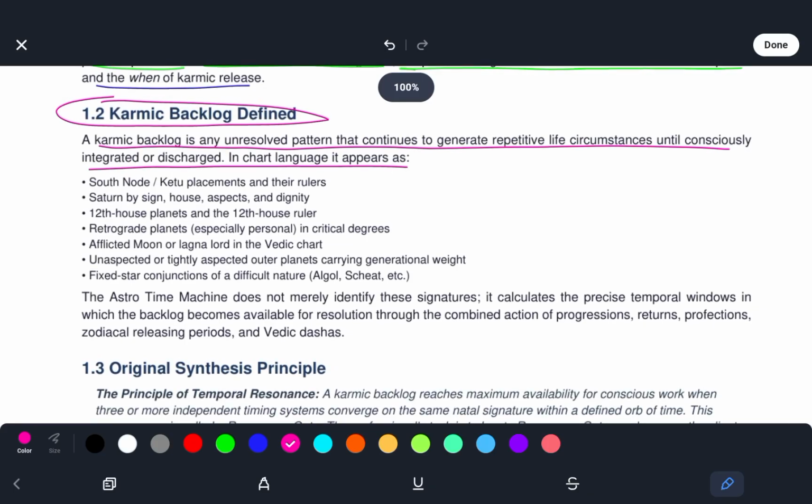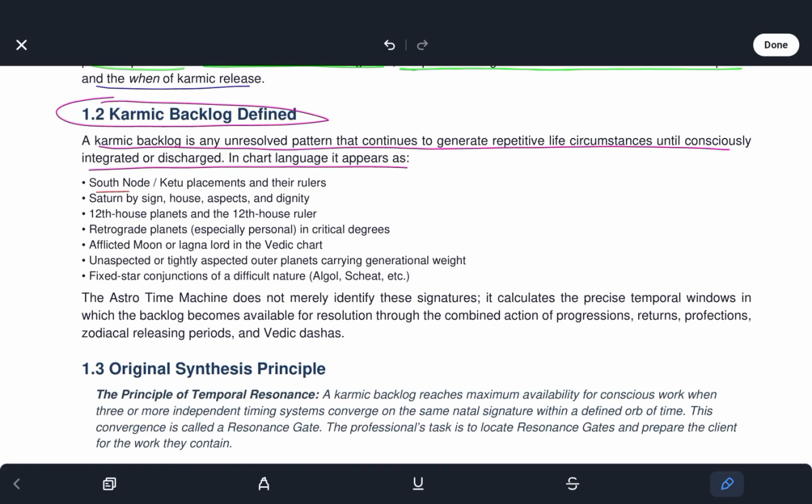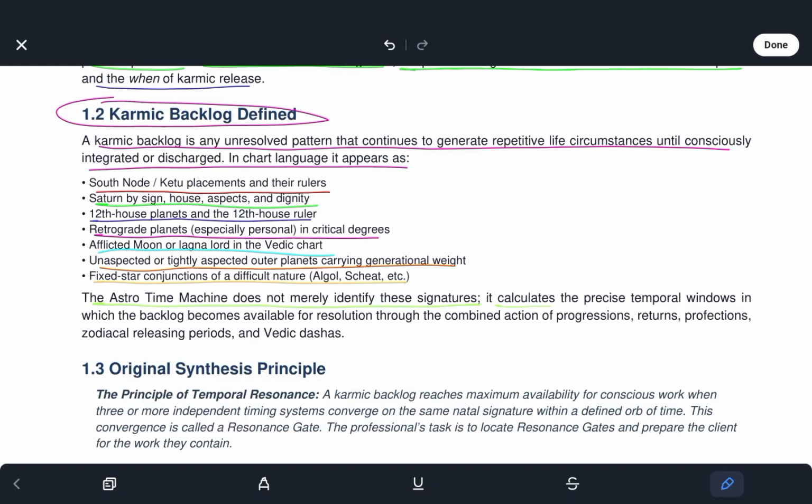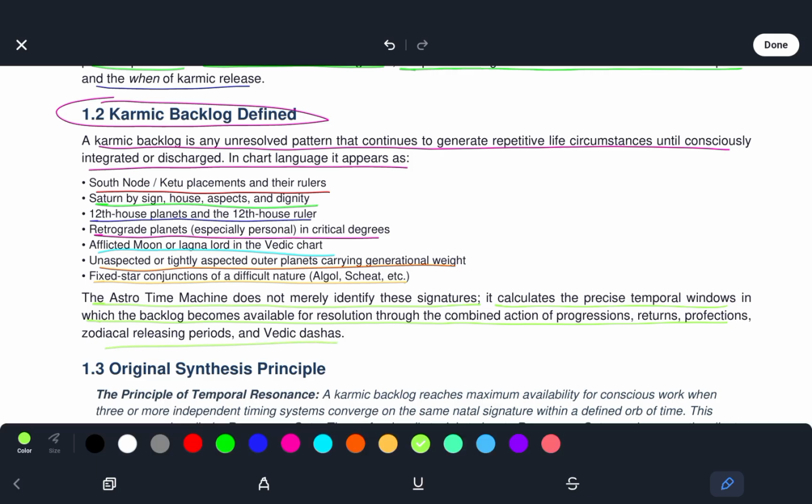In chart language, it appears as the south node, Ketu placements, and the rulers, Saturn by sign, house, aspects, and dignity, 12th house planets and the 12th house ruler, retrograde planets, especially personal and critical degrees, afflicted Moon or Lagna Lord in the Vedic chart, unaspected or tightly aspected outer planets carrying generational weight, fixed star conjunctions of a difficult nature, Algol, Skat, etc. So the Astro Time Machine does not merely identify these signatures, it calculates the precise temporal windows in which the backlog becomes available for resolution through the combined action of progressions, returns, profections, zodiacal releasing periods, and Vedic dashas.